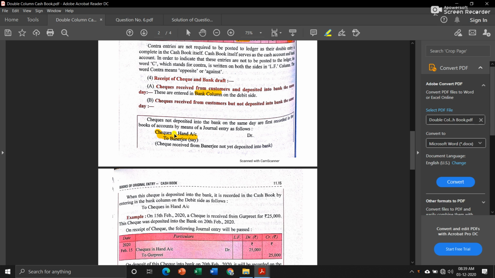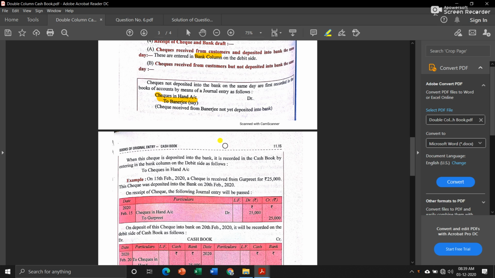So at that time we will debit checks in hand account, and on the date when we deposit that check into the bank, we will record it in the cash book by writing to checks in hand on the debit side, and the amount we will write in the bank column.